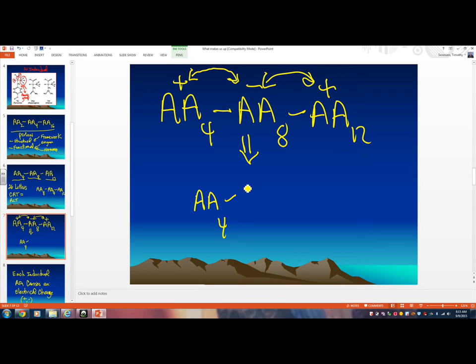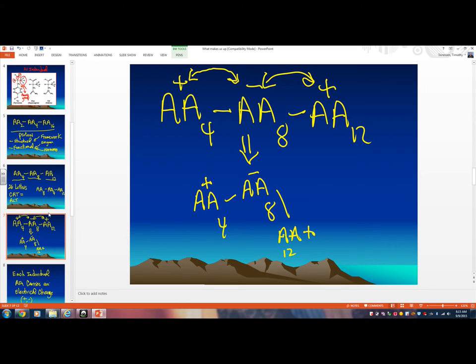Here's the point. Once those charges interact, it's going to cause that protein to bend and twist and have a particular shape.